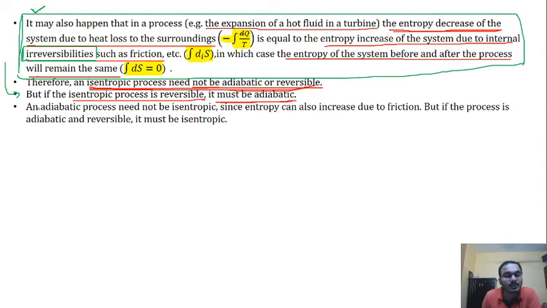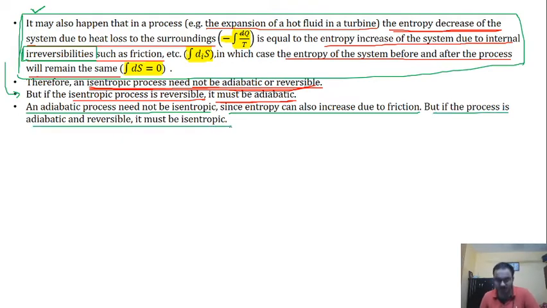Now the next part is, an adiabatic process need not be isentropic, since the entropy can also increase due to friction without heat interaction. But if the process is adiabatic and reversible, it must be an isentropic process.